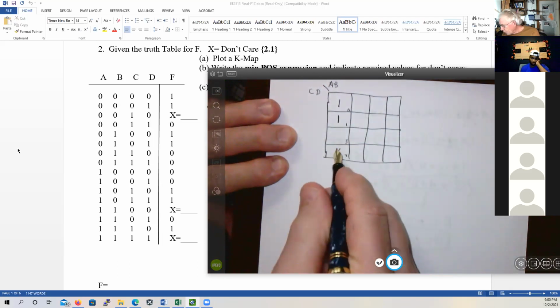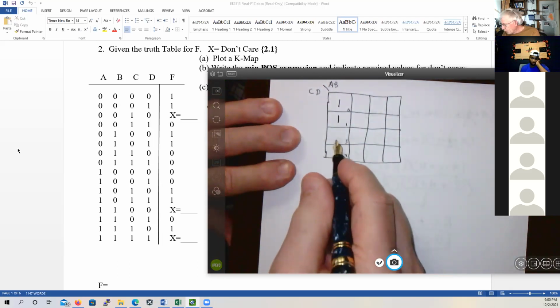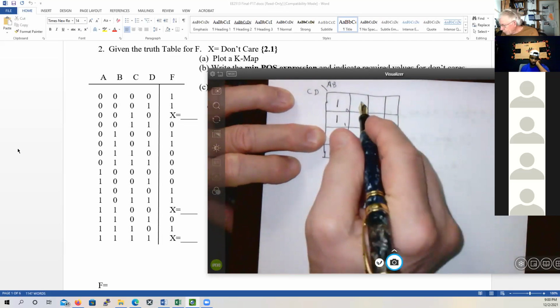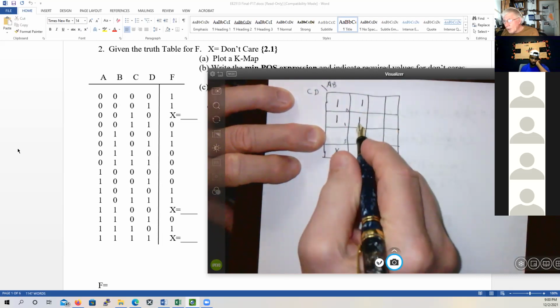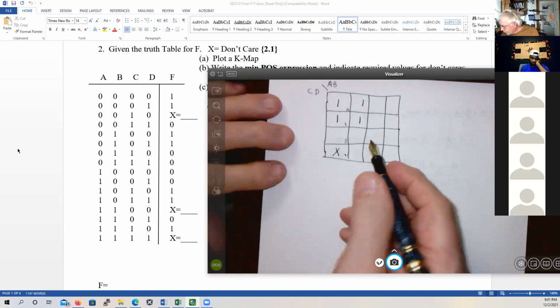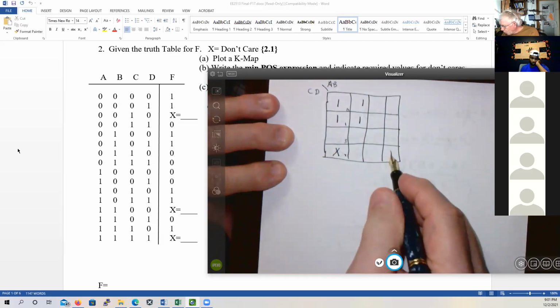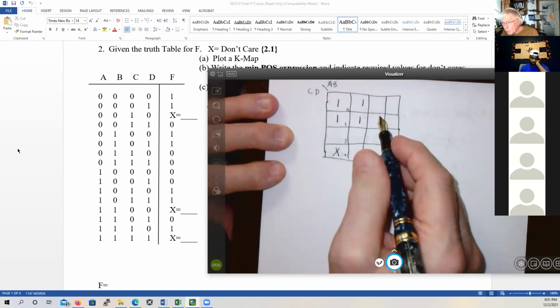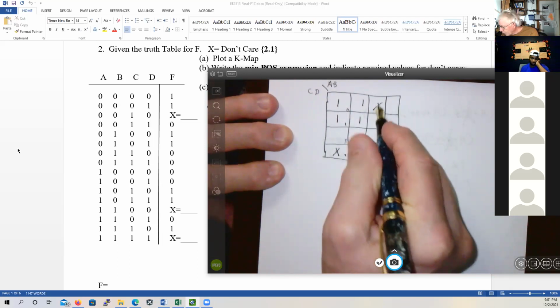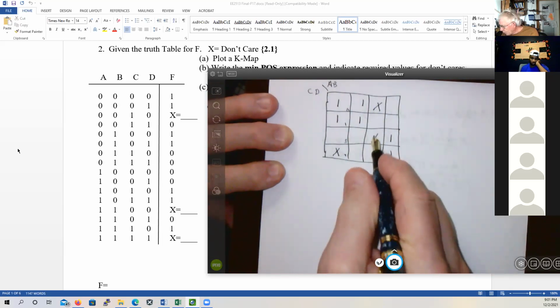The X goes here because we have to flip the rows. A 0 would go here, but I'm going to leave it blank so it's not so cluttered. And then we'll do 1, 1, and 0, 0. Then 0, 0, 1, 1. And then this column will be don't care, 0, 1, don't care.